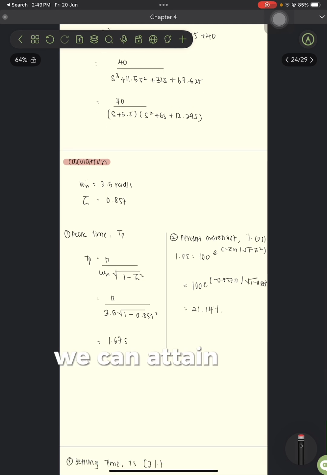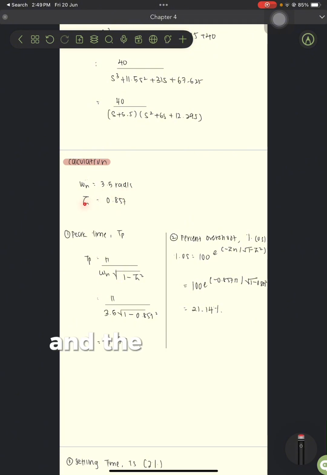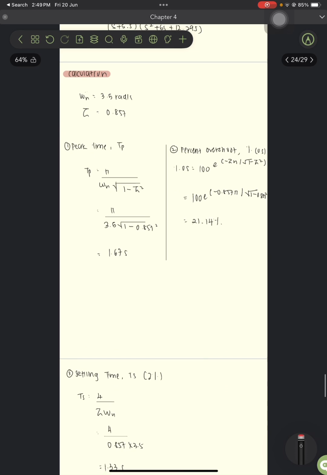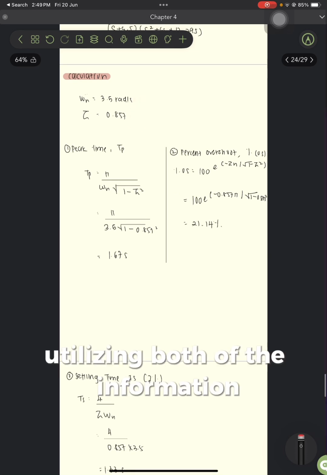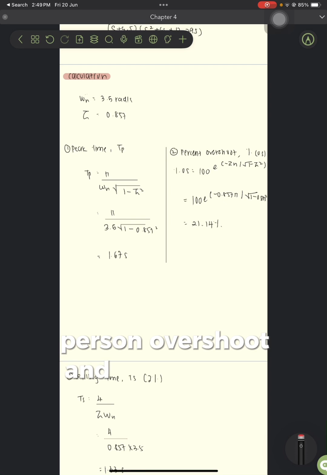Based on this, we can attain that the Wn is equivalent to 3.5 radians per second and the zeta equals 0.857.